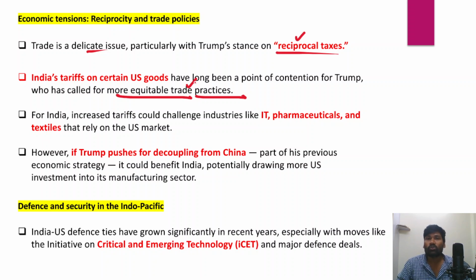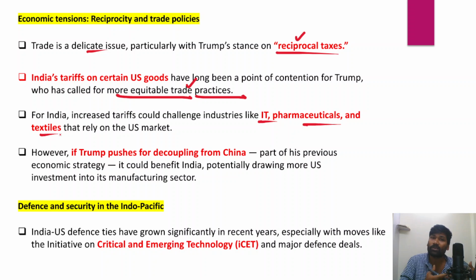However, when it comes to increasing tariffs on Indian goods exported to the US, that could challenge industries like information technology, pharmaceuticals, and textiles, as they rely heavily on US markets. However, if Donald Trump pushes for decoupling from China, if he wants to decouple American industrial and manufacturing bases from China, which was in fact his stance during his previous term, right?